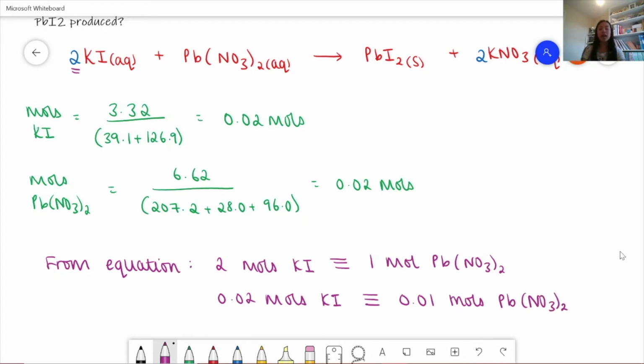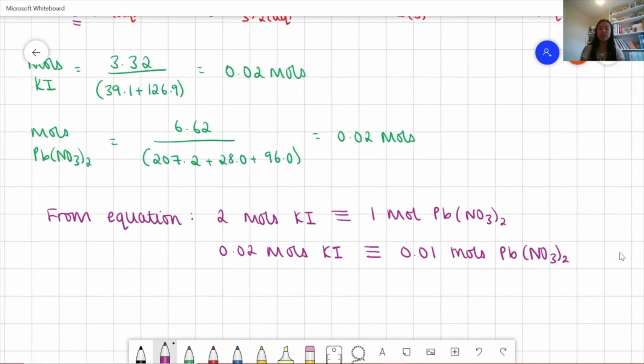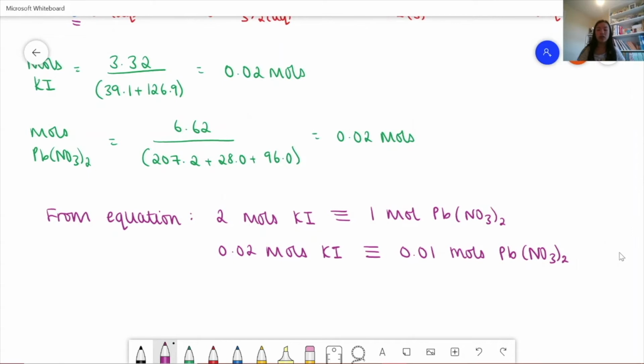And if we looked at a different scenario, if we had 0.02 moles of lead nitrate, so starting off with the right-hand side this time, then this would react with 0.04 moles of potassium iodide, because this time it's a 1-to-2 ratio.